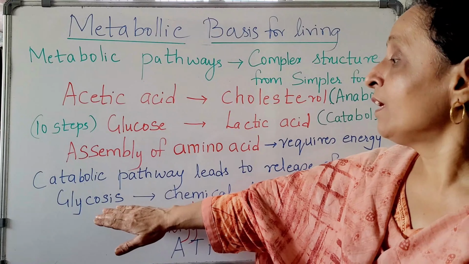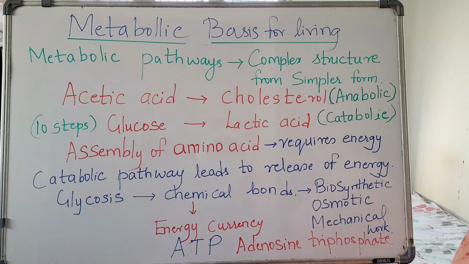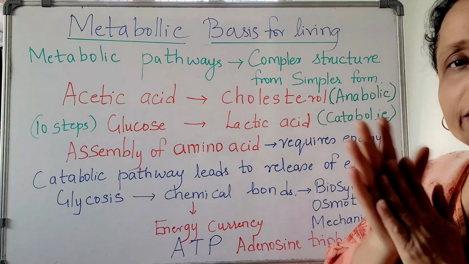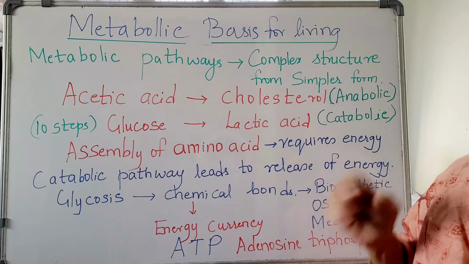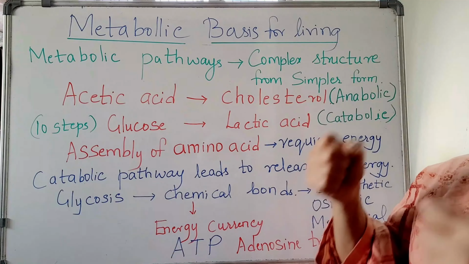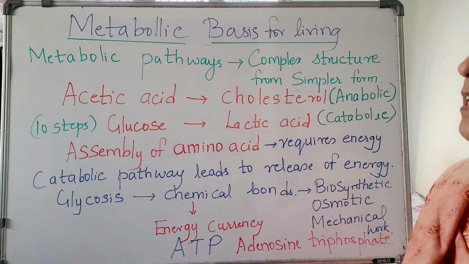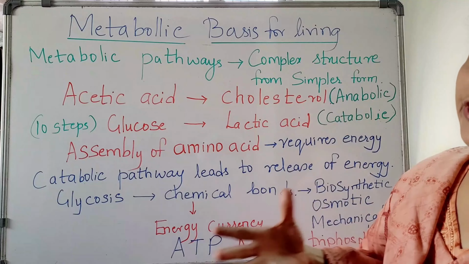Classic example, glycolysis, which is a chemical bond energy required for various biological processes like biosynthetic, osmotic pressure, mechanical work. All this work is done with the help of energy. Energy is in the form of ATP, adenosine triphosphate. So all living organisms have a metabolic process of making energy, storing energy, and using that stored energy to do work. That forms bioenergetics.